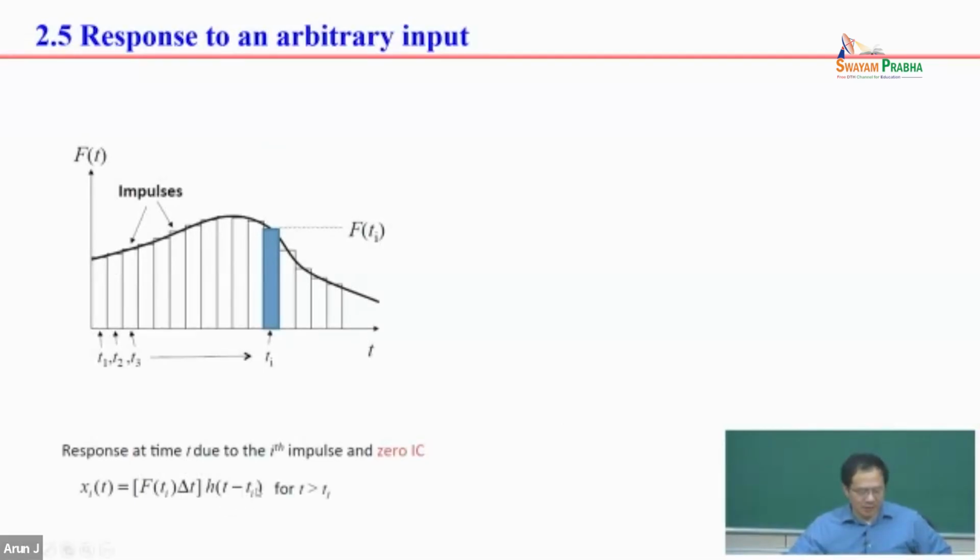It is also time shifted: it happens not at exactly time 0, but at t_i. So this is the response for the impulse at F(t_i). If you have such impulses, for example at T1, T2, T3, up to T_i, you add them all together, and then it becomes an integration.